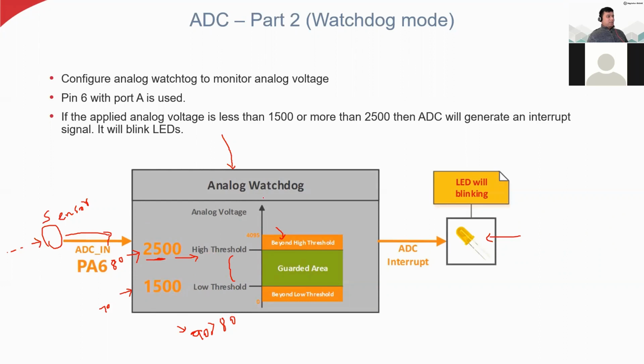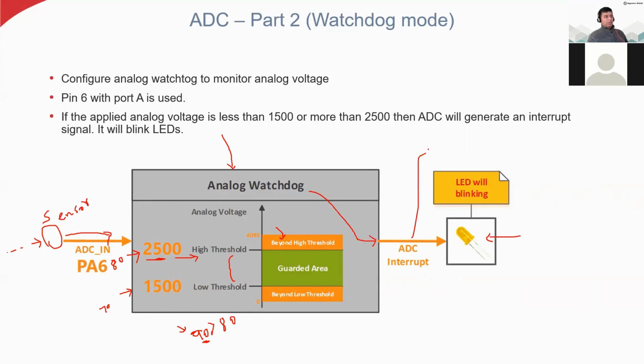Then immediately the watchdog monitor will generate the interrupt signal from this ADC. It doesn't need to store this value, this 90, in memory. In this kind of situation, the analog watchdog should immediately give the warning signal. So we can set it up to generate the interrupt signal, and you can use this interrupt signal for any purpose.